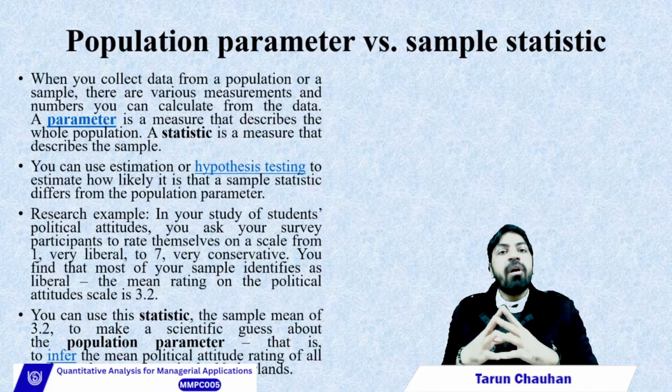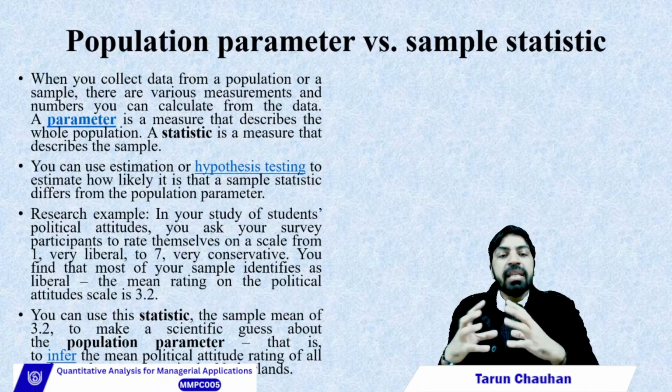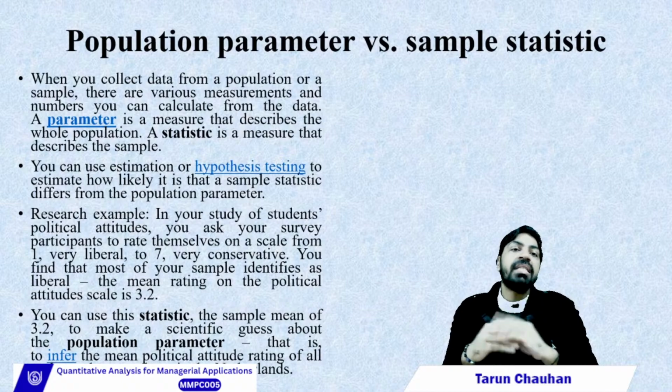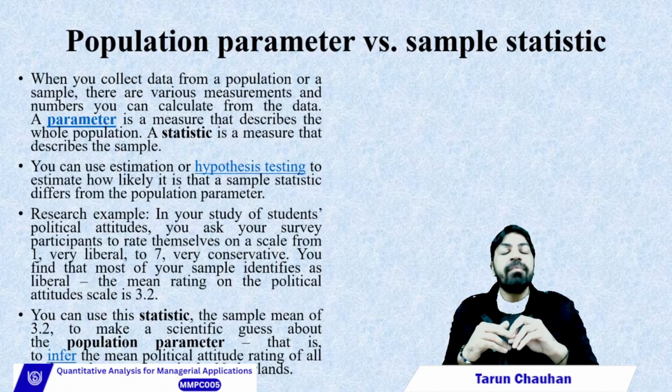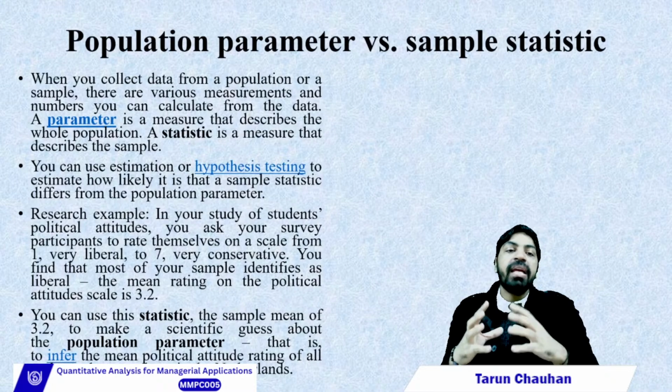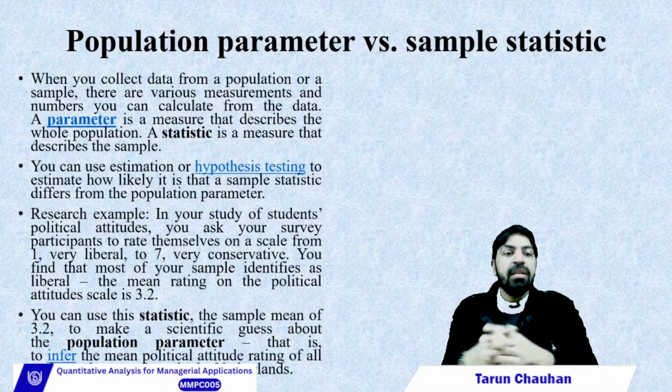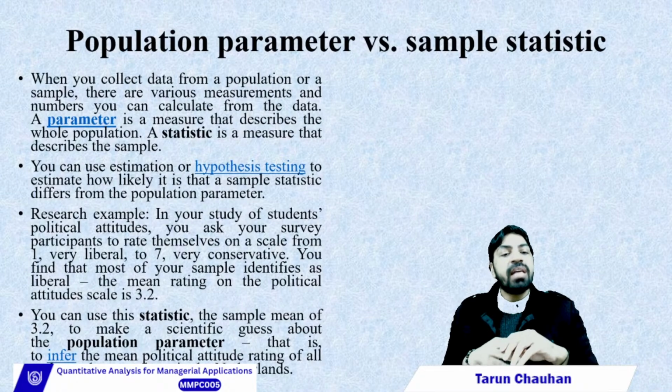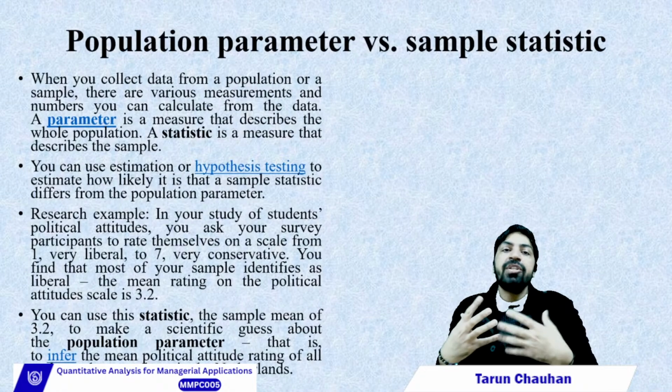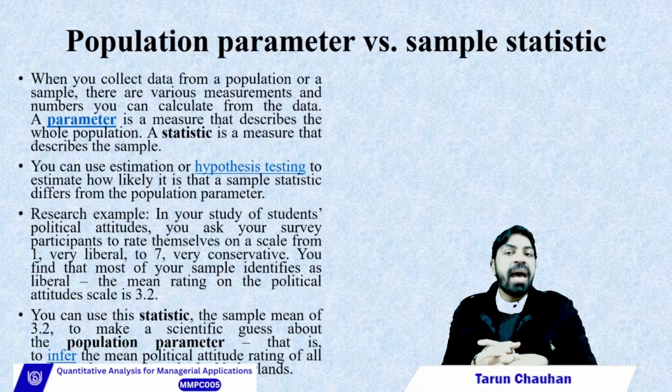So it is very important to distinguish between the sample statistics and the population parameter, and how they differ from each other. So we take up a research example where we can easily distinguish the population parameter and the sample statistics.